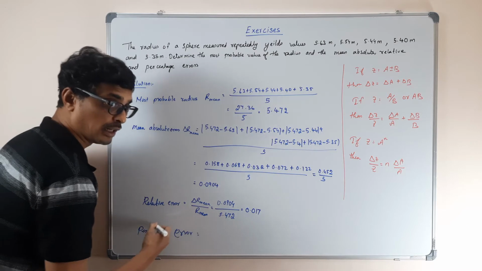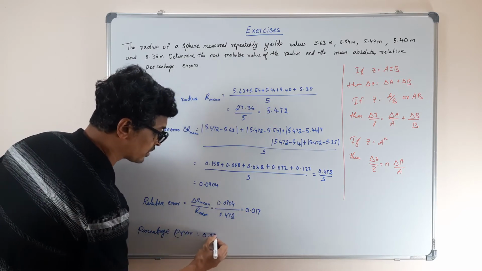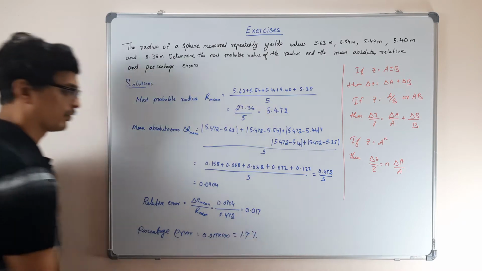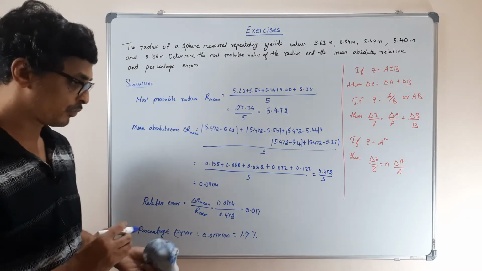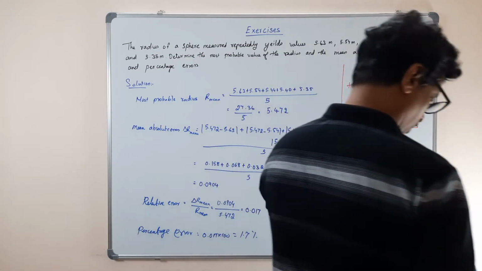Relative error into 100, correct? So 0.017 into 100 equals 1.7 percent. That's the answer of this problem.